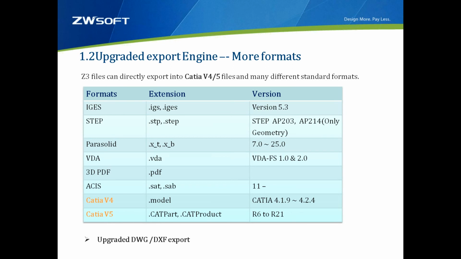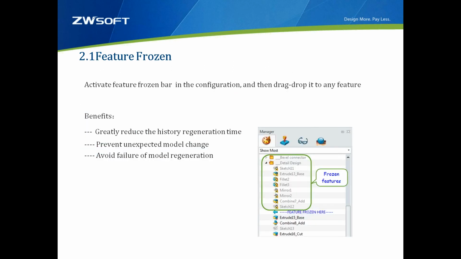Also, it's important that we can directly export ZW3D files into CATIA 4 and CATIA 5 files, again without installing any other application. So this is a new export format. At the same time, we continue to improve the DWG and DXF export, so we can get better DWG files.